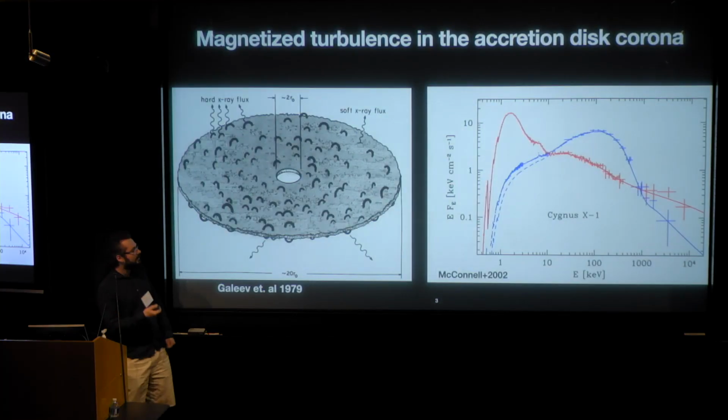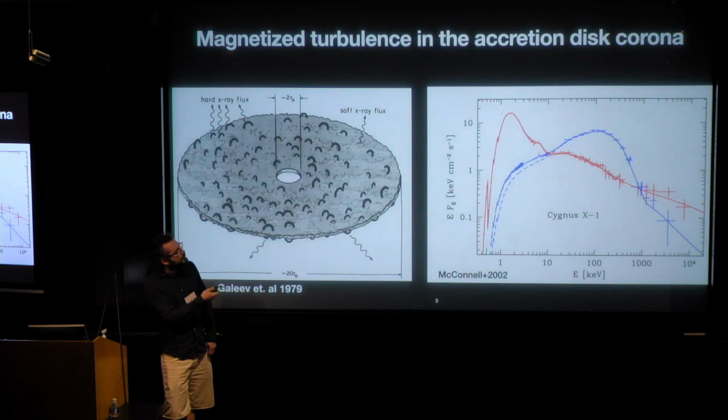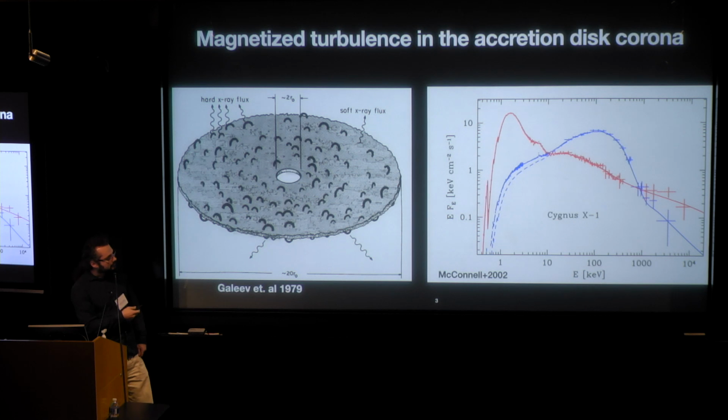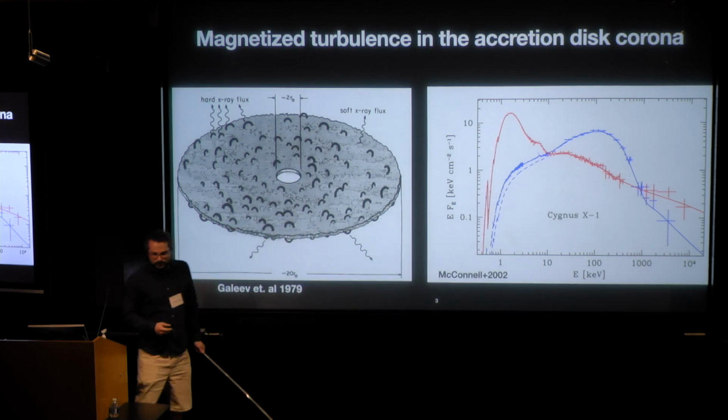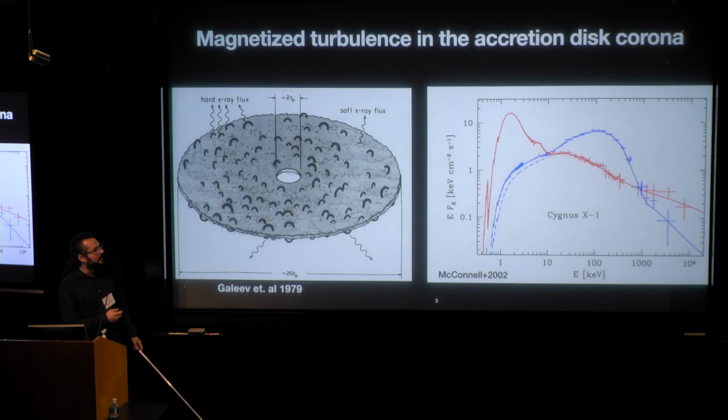So we have an X-ray binary, for example, Cygnus X-1, and in the observed spectra, we see this feature that is called a power law tail on the right, at the highest energies, and this is believed to be the consequence of some magnetized plasma turbulence that happens in the corona of the disk.